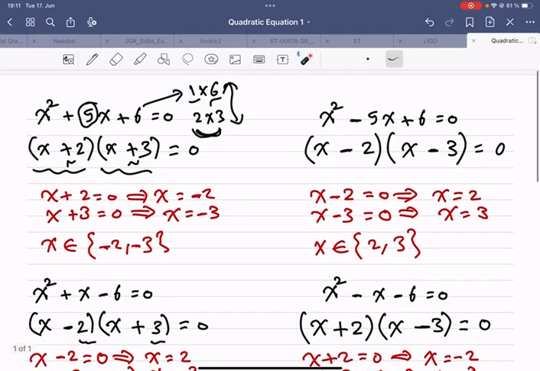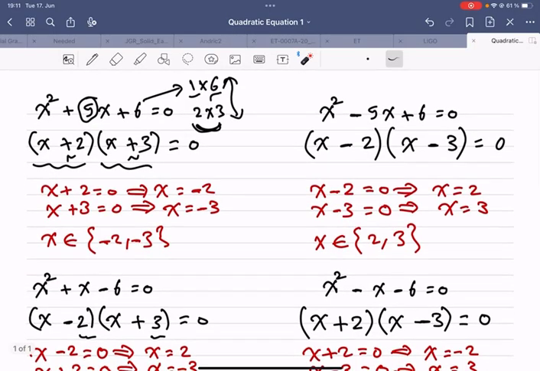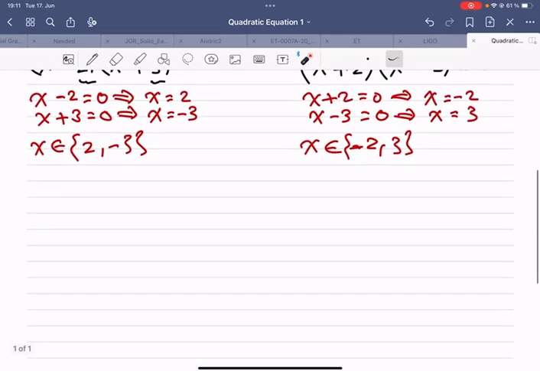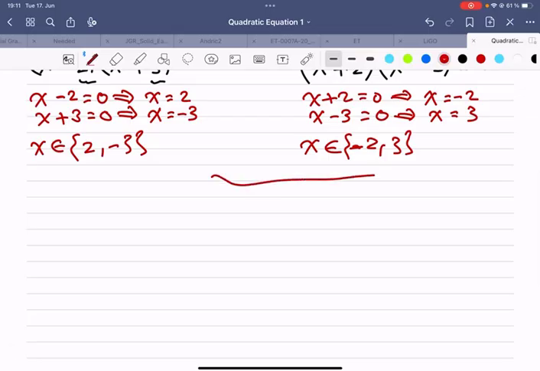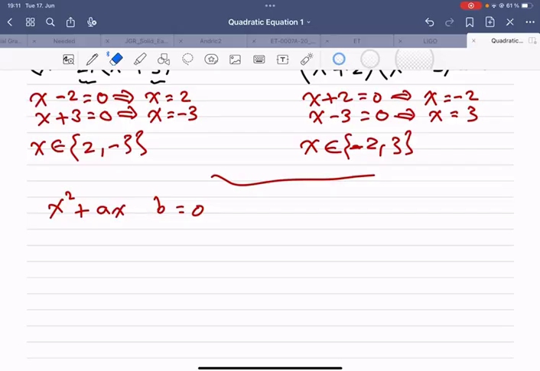I hope you understand the whole idea here. These are all the cases you will find in solving equations like this: x squared plus ax plus b equals 0.